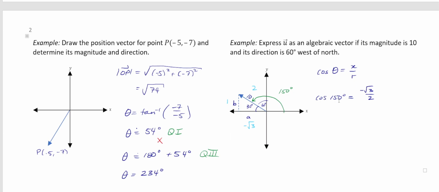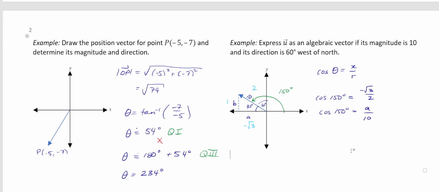So cos 150 degrees is x over r, so negative root 3 over 2. But in this vector, I don't have negative root 3, I have a, and my r value isn't 2, it's 10. So I can redefine this right here as being cos 150 is equal to a over 10.